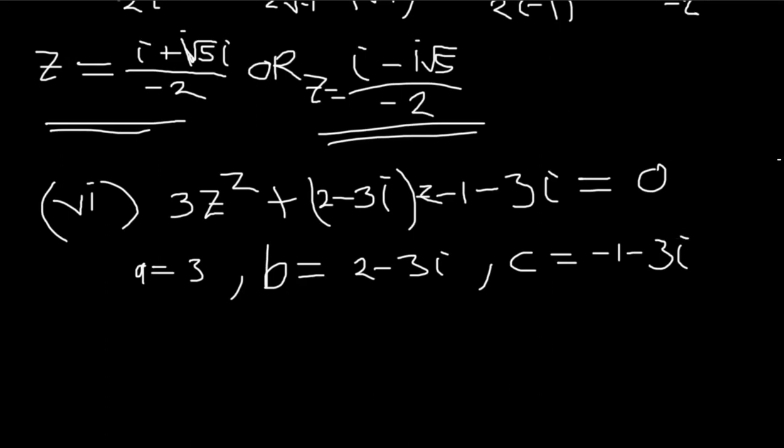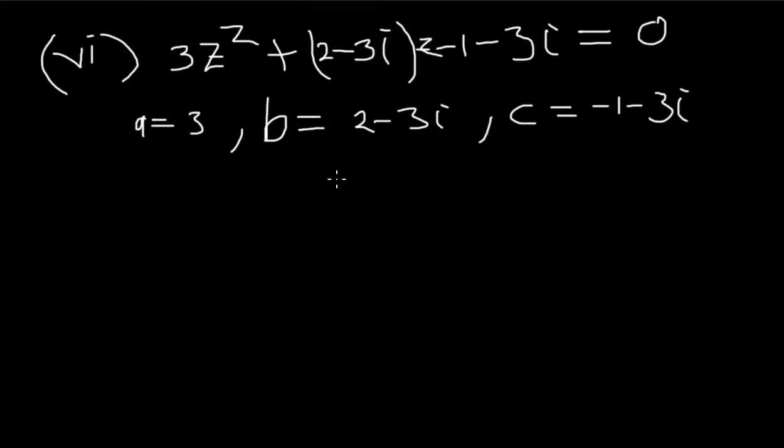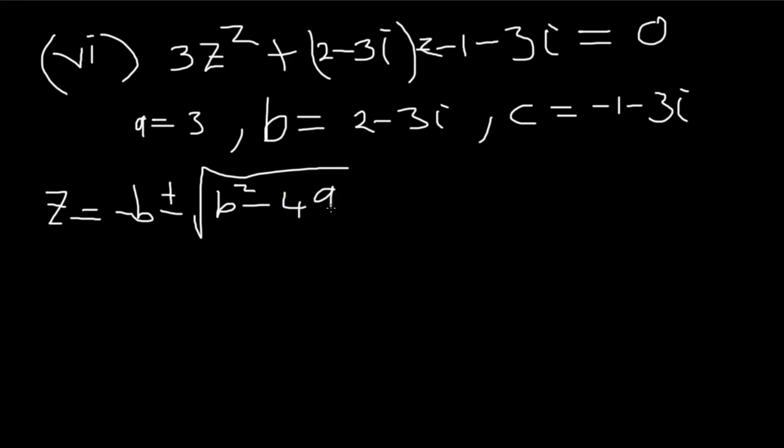So now we can start plugging them into the equation. Our z is given by negative B, plus or minus the root of B squared minus 4AC, everything over 2A.